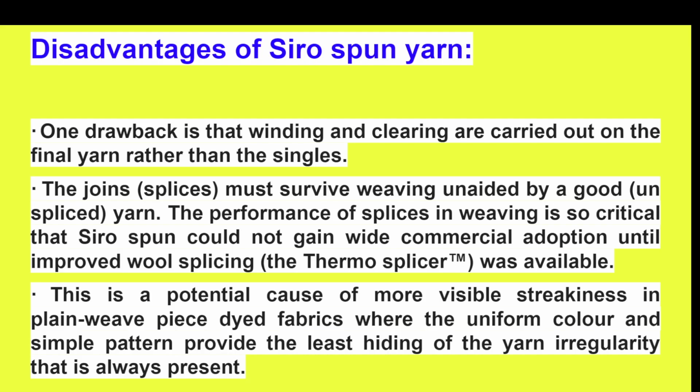This is a potential cause of more visible streakiness in plain weave piece dyed fabric, where the uniform color and simple pattern provide the least hiding of the yarn irregularity that is always present.